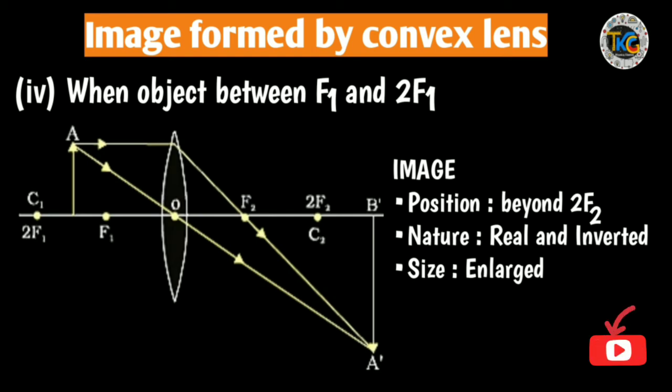Nature same, real inverted, and just see the figure here, a dash b dash is larger than the object, so the size is enlarged. Clear? So this is about image formation when the object is placed between f1 and 2f1.